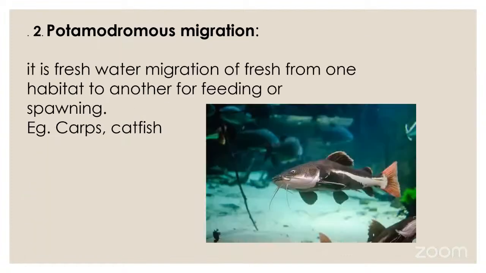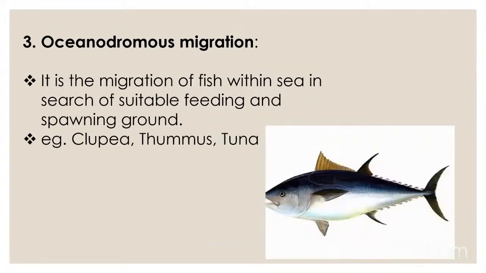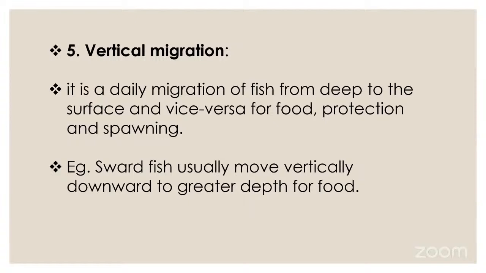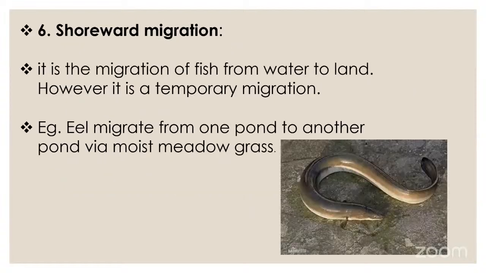These are the different types of migration. I'm just showing these slides again so that you can make a note of all these points. Oceanodromous migration, latitudinal migration, vertical migration, and shoreward migration.